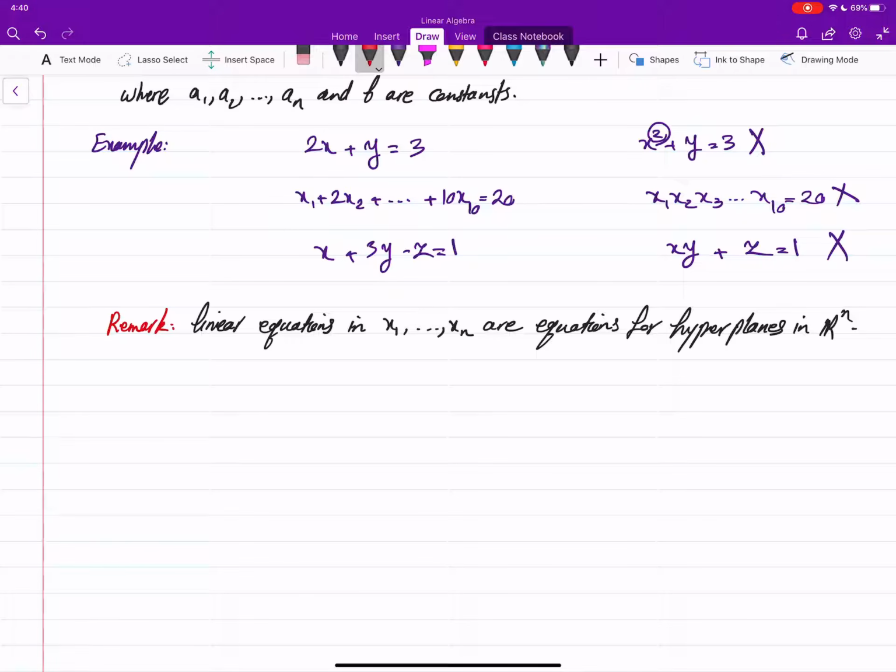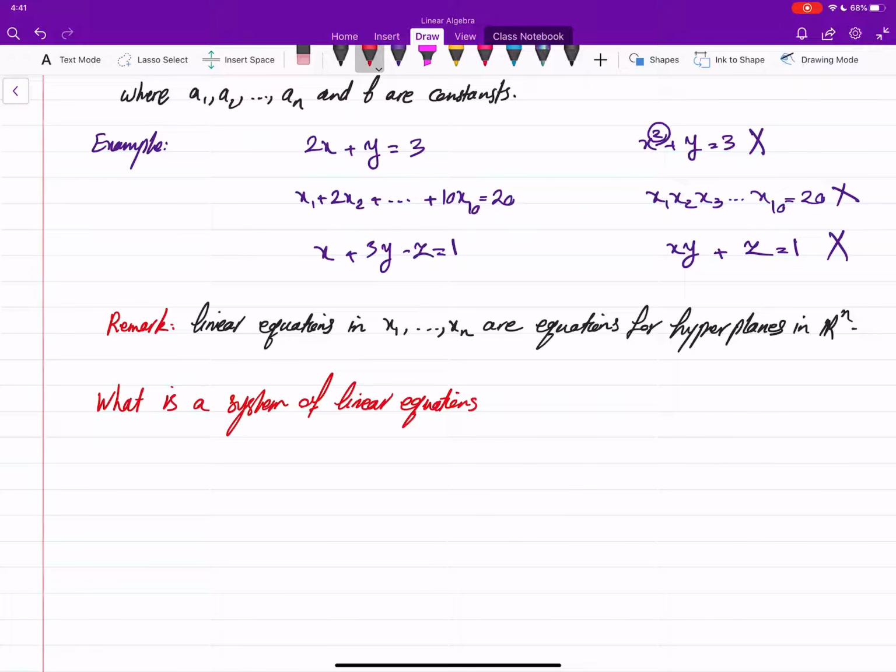How about a system of linear equations? Well, put a bunch of these together.